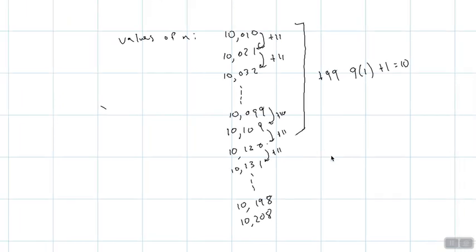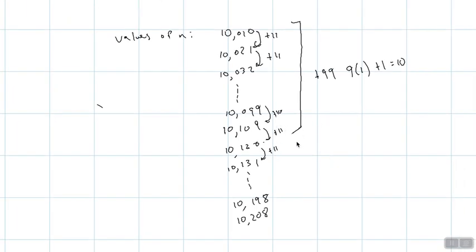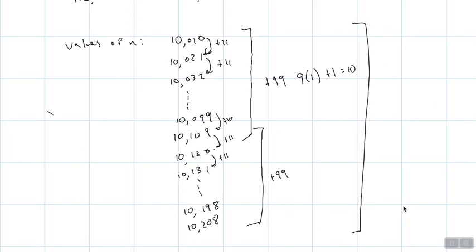Then adding another 99 from here, there are another 9 numbers from here, all the way down to 10,208.